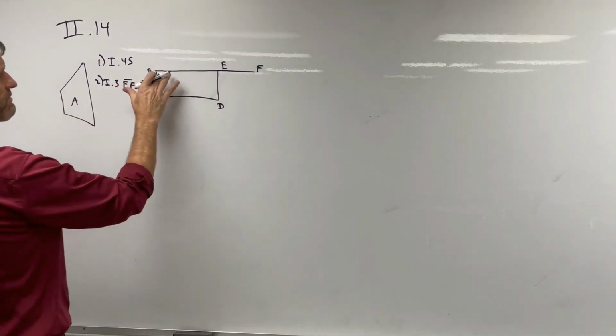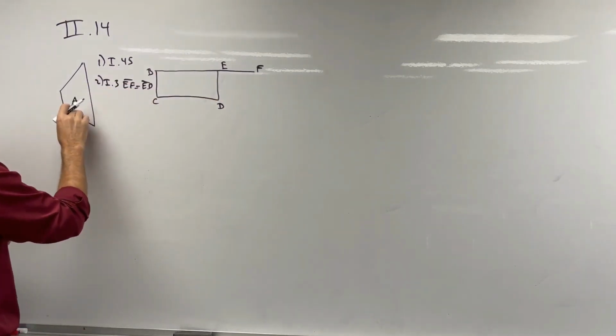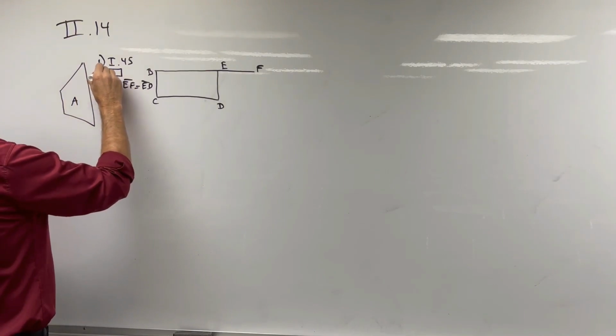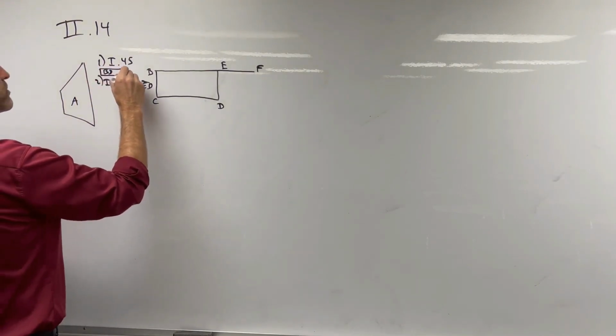And then we've got the figure BD equal to our given rectilineal figure A.